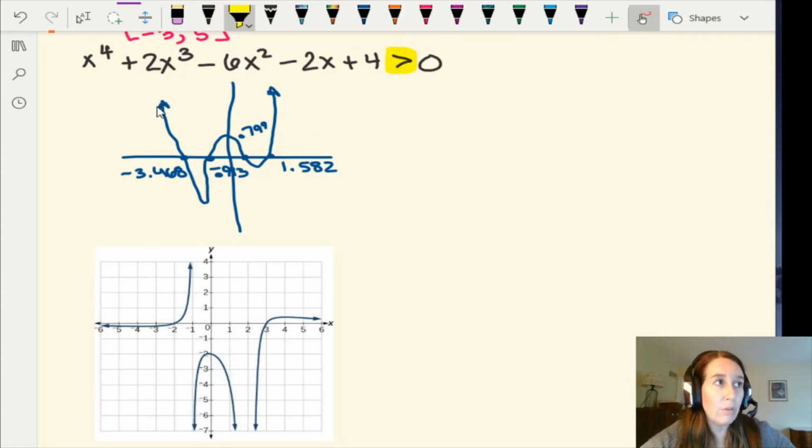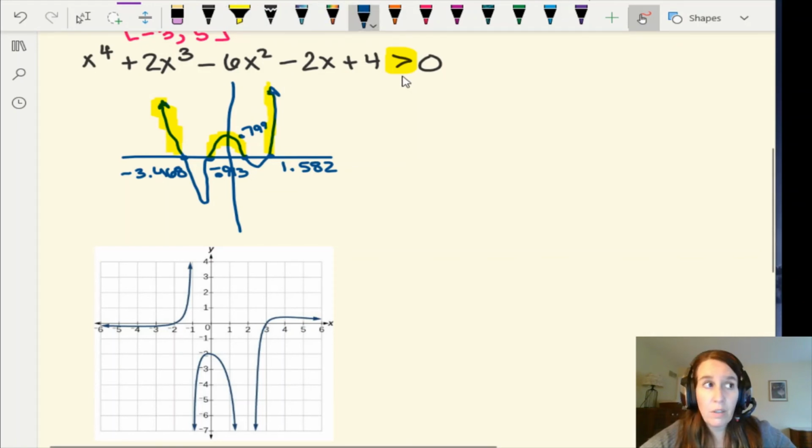Now it says for our problem, we're just looking for where the graph is greater than 0, only greater than. So we want these three intervals. We know that we're going to use all parentheses because it's greater than, not greater than or equal to.